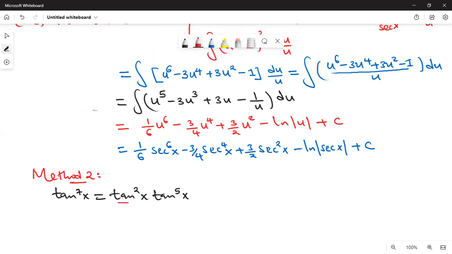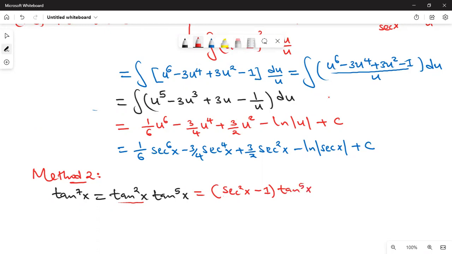We said tan squared x is the same as sec squared x minus 1, then times tan raised to 5 of x.